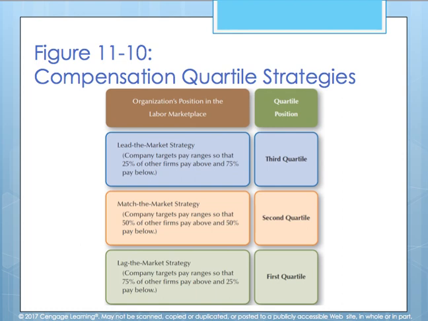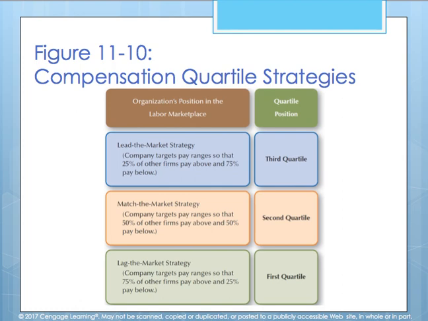And then lead the market strategy. That's when your target is within a range that only 25% of other firms are paying above what you're paying, yet 75% of others are paying below. So you're up there, right?